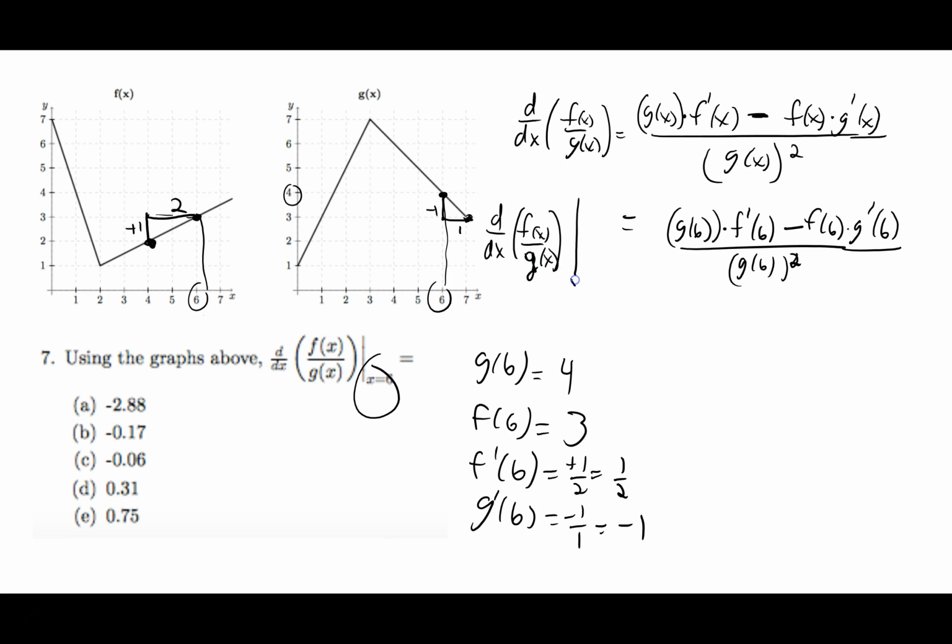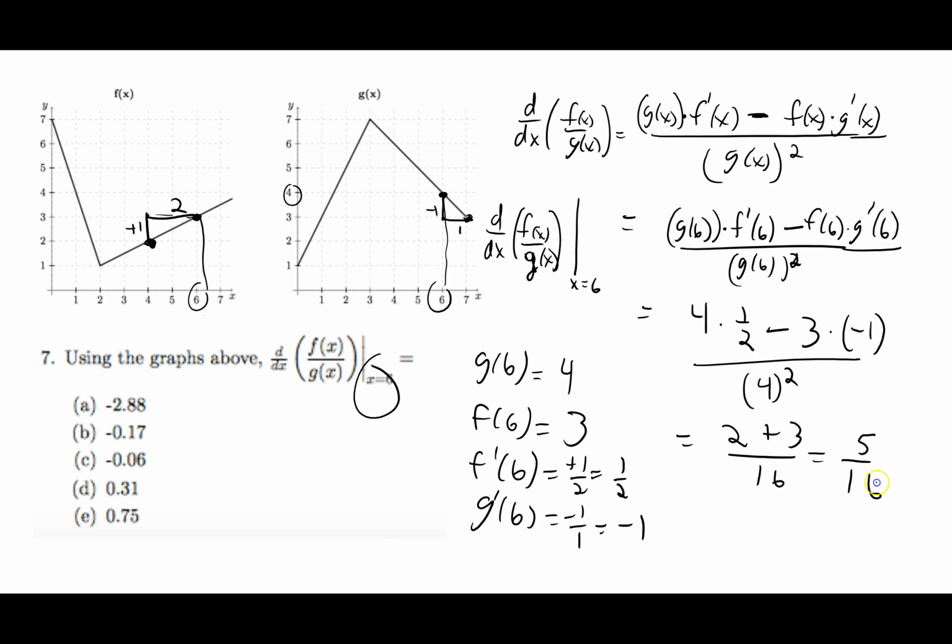And then this bar x equals 6 means you're plugging in a 6. So g of 6 is 4. f prime of 6 is a half. Minus f of 6 is 3. g prime of 6 is negative 1. That's all divided by g of 6, which is 4, and that gets squared. 2 plus 3 over 16. So we get 5 over 16, but these answers are decimals.